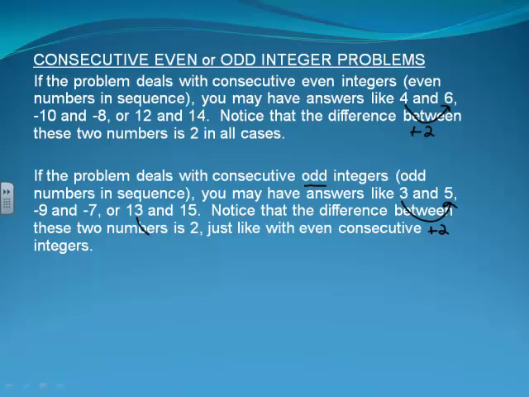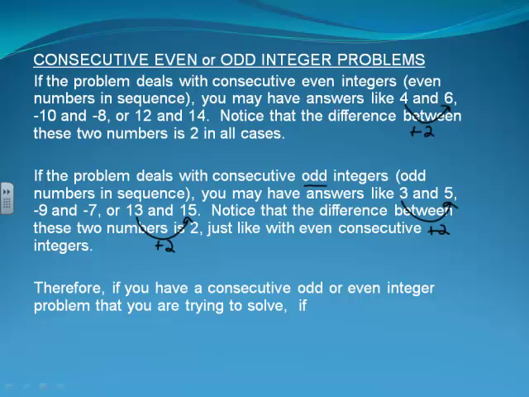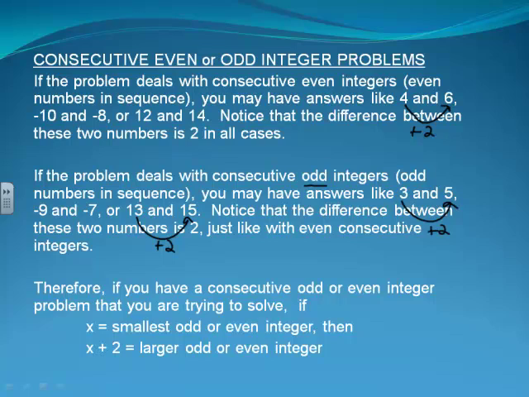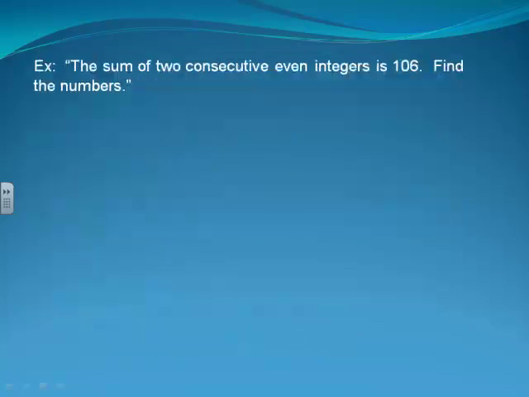Or if you were going from 13 to 15, you'd have to add 2. Therefore, if you have a consecutive odd or even integer problem that you are trying to solve, and if you let x be the smallest odd or even integer, then your next odd or even integer will not be x plus 1, but instead will be x plus 2, because there's a difference of 2 between either odd or even integers.